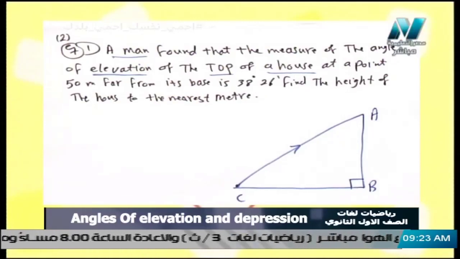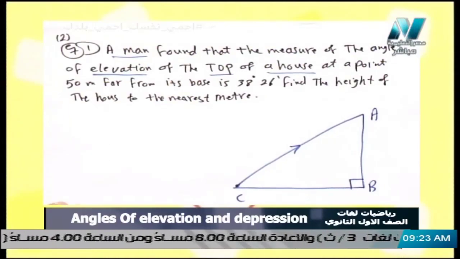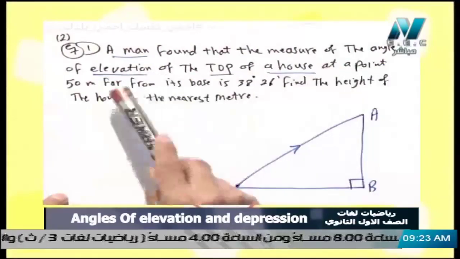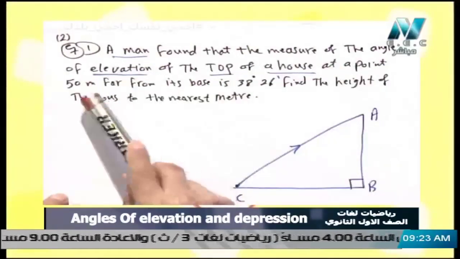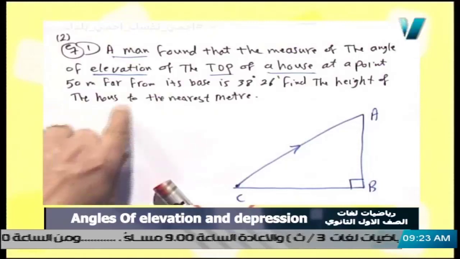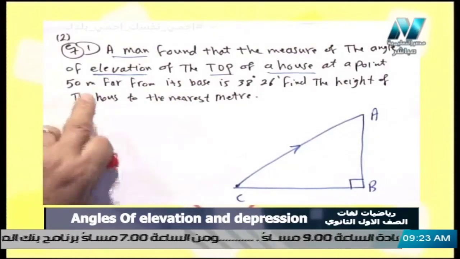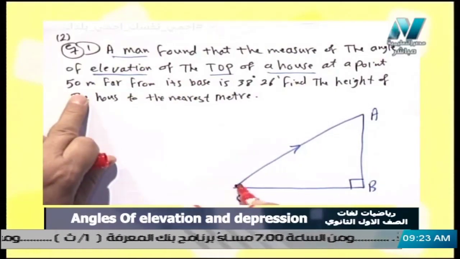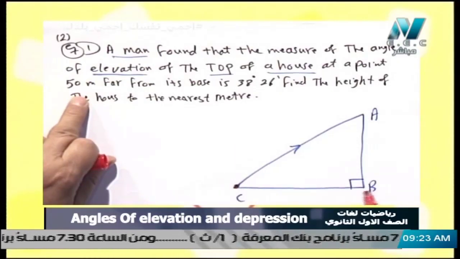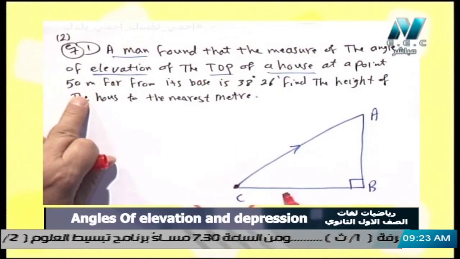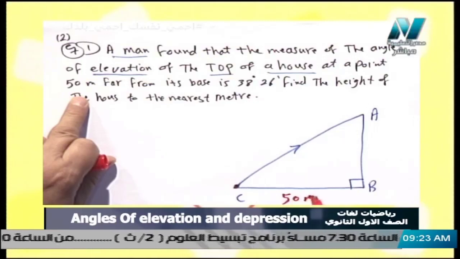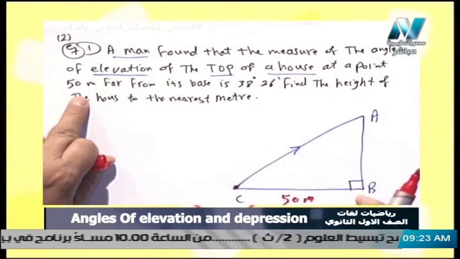A man found that the measure of the angle of elevation of the top of a house at a point 50 meters far from its base. Here, the man is standing at 50 meters far from the base of the house.